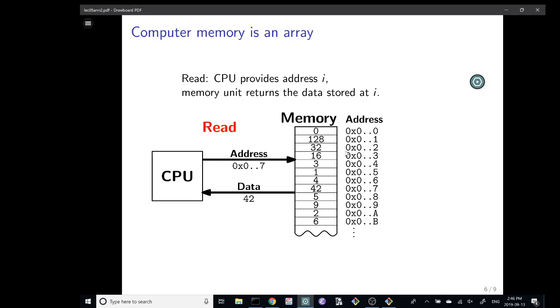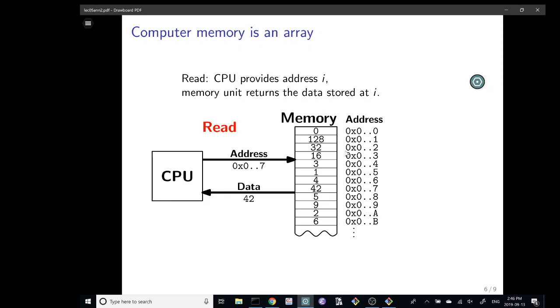But anyway, this is the way your computer works. There's some central processing unit sitting there, and occasionally it needs to do something. And in order to do something, it needs data to work on. So it yells out to the memory bus, hey, give me something from your memory. And the memory bus says, where? And it tells an address. Memory is like a big array, and the address is the index into that big array.